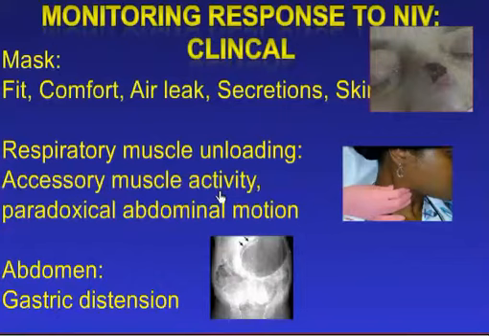And several times, I remember in different lectures that Laurent has given, he has mentioned the importance of monitoring clinically the sternocleidomastoid muscle contraction, which depicts in one way or another the amount of effort that the patient may apply, as well as monitoring the paradoxical abdominal motion.